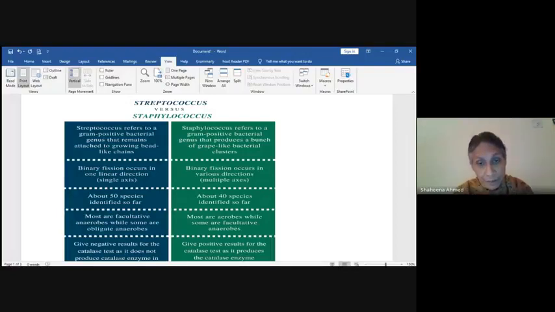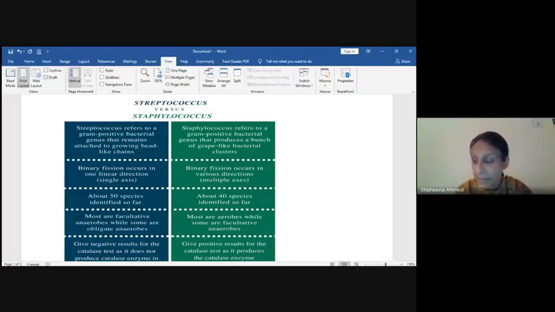A very important difference between strep and staph is that staphylococcus is catalase positive, whereas streptococcus is catalase negative. In the catalase test, the catalase enzyme converts hydrogen peroxide to water and oxygen gas. This reaction is positive in staphylococcus.